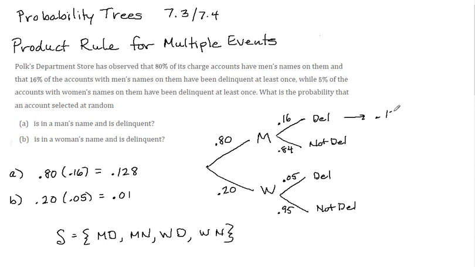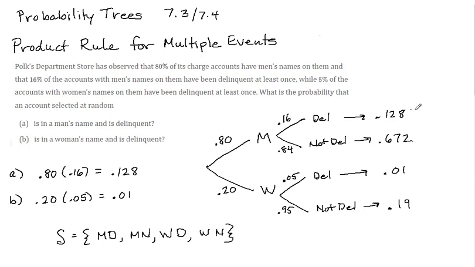So this was 0.128, a man and not delinquent, 0.672. 0.2 times 0.05, probability for a woman's account being delinquent, 0.01, and then a woman's account not delinquent is 0.19.